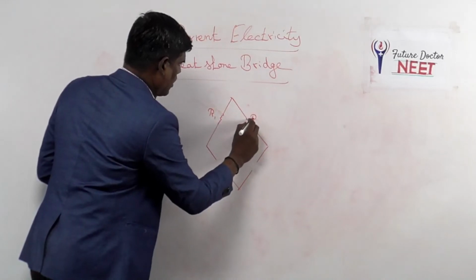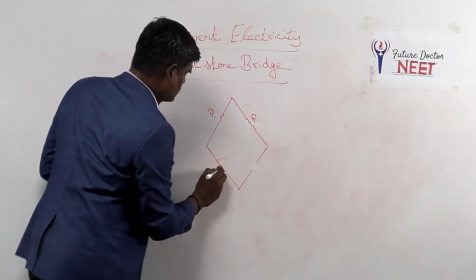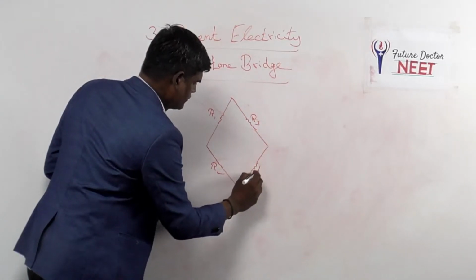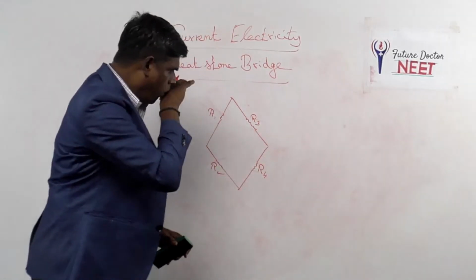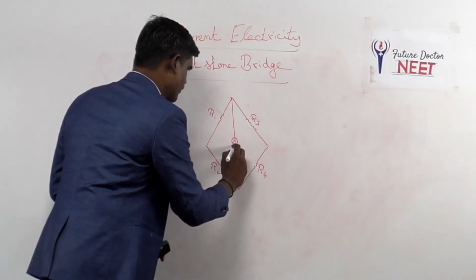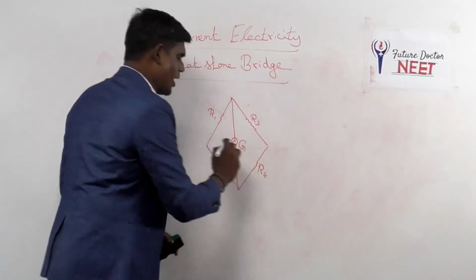R1, R2, we'll keep here R2, here R3, R4. And here will be a galvanometer.